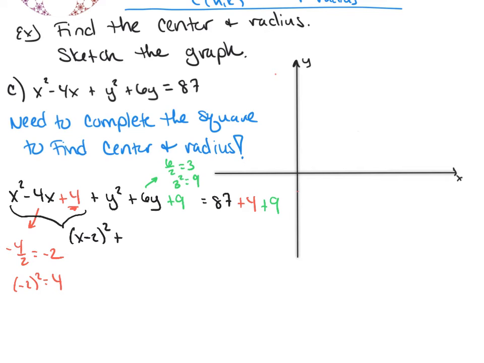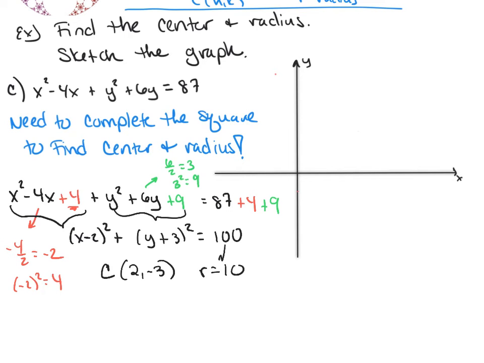Okay. Let's see. Y squared plus 6y plus 9. Ooh, that factors to y plus 3 squared. And if I add up 87 plus 4 plus 9, I should get 100. Wow, that's so much better. Now it's in the correct format for a circle. I can see that my center is at 2, negative 3, and my radius is 10.